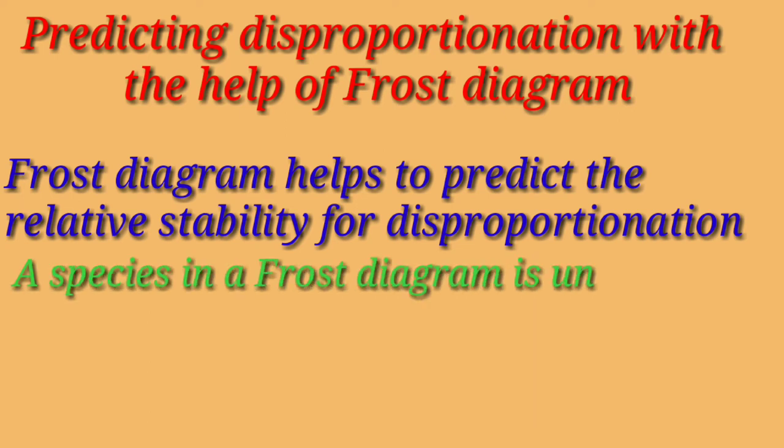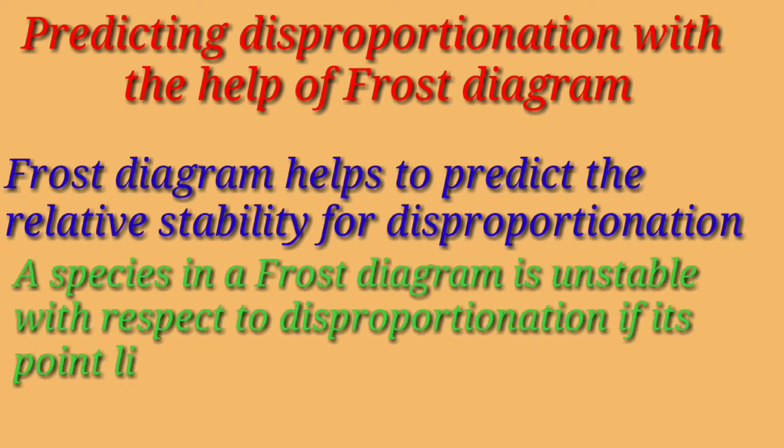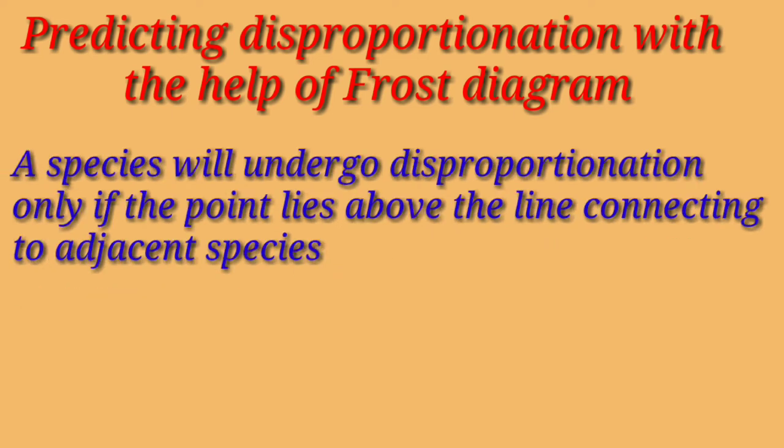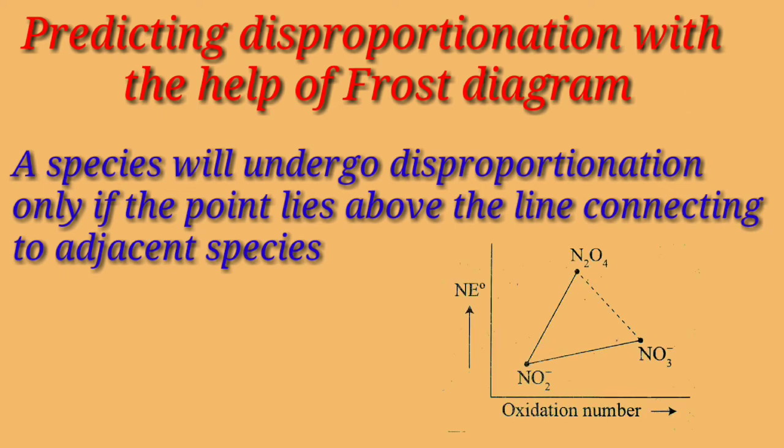A species in a Frost diagram is unstable with respect to disproportionation if its point lies above the line connecting two adjacent species. In other words, a species will undergo disproportionation only if its point lies above the line connecting two adjacent species. For example, as shown in the figure, N2O4 lies above the line joining NO3- and NO2-.